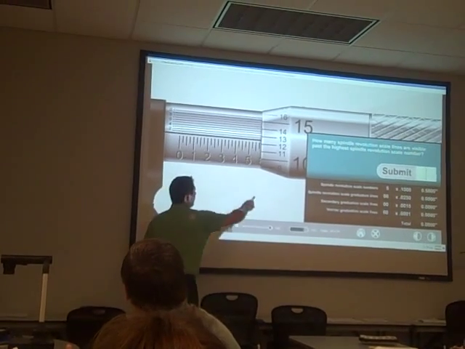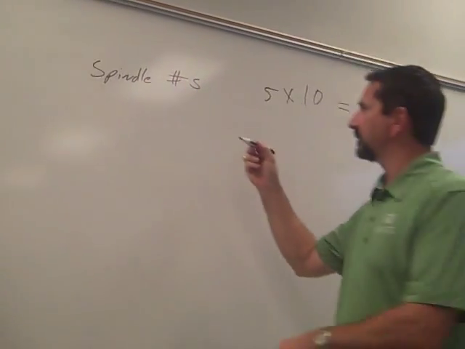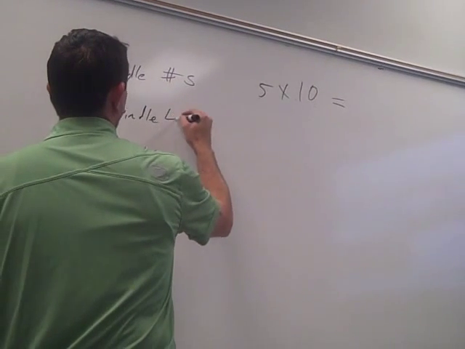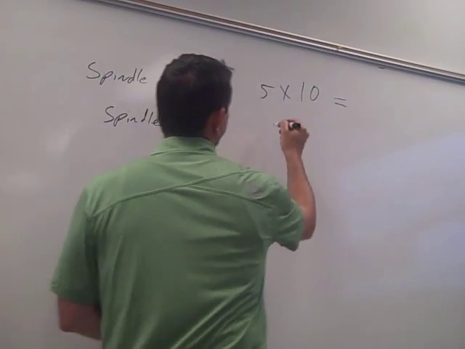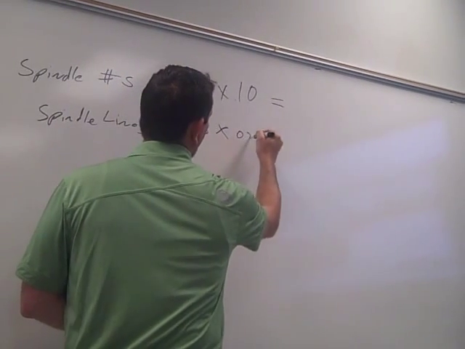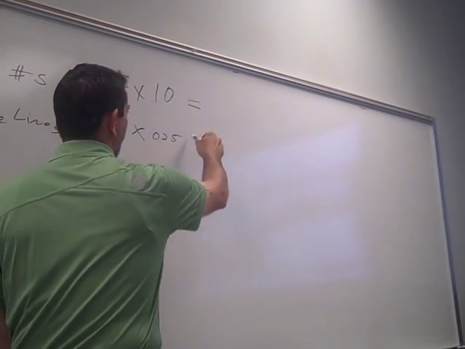So how many do we have here? 3. So we have spindle lines. We have 3 times 0.025. We get the 0.025 because we divided this by 4.